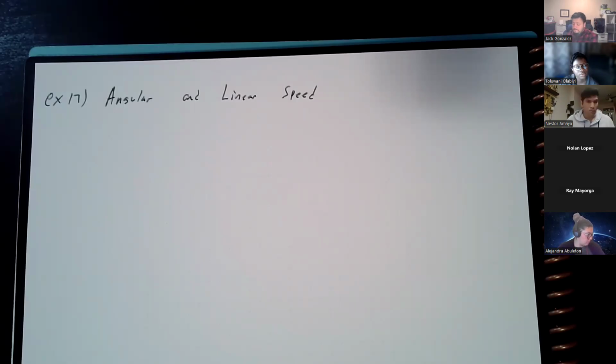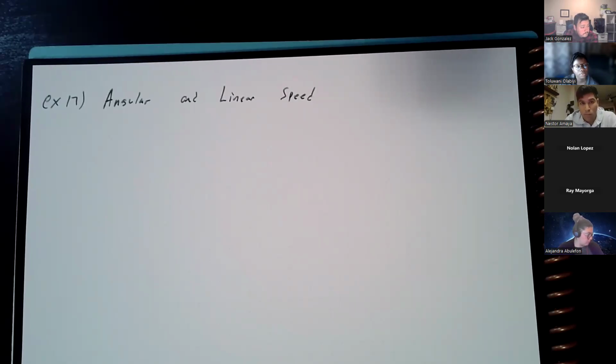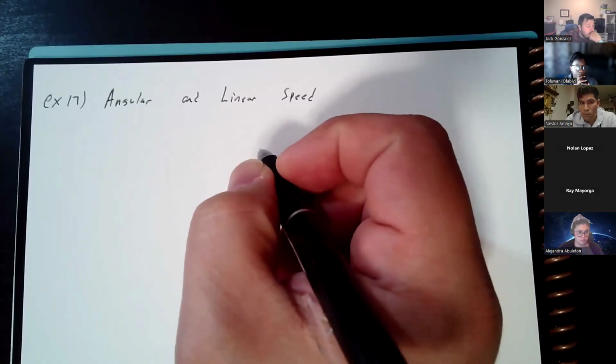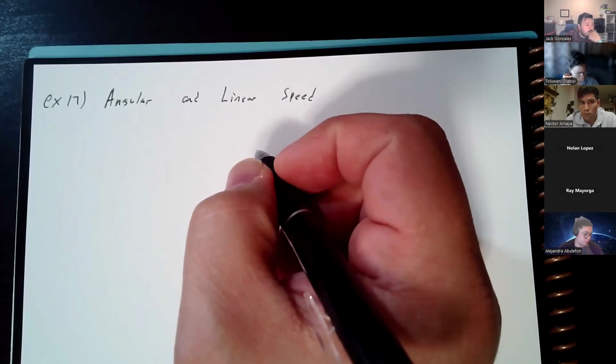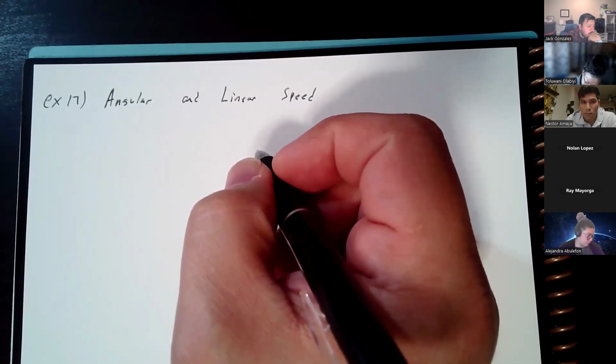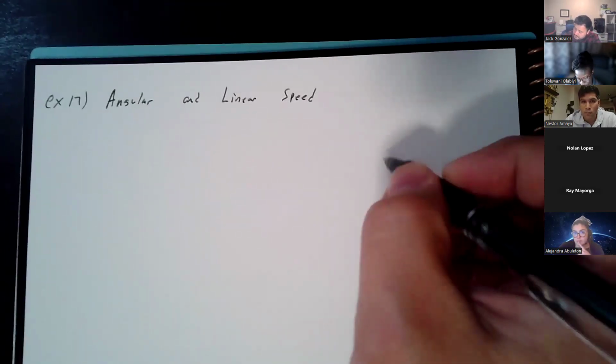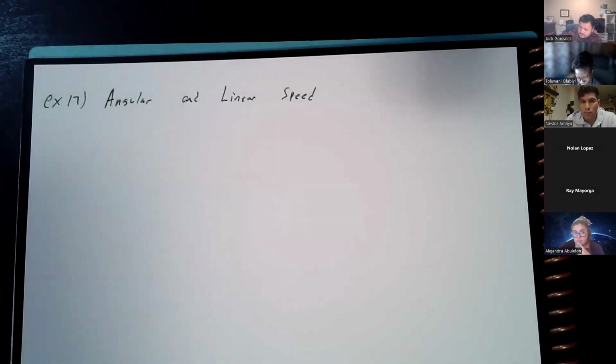I always get these mixed up. Angular and linear are speed on the circle. So linear speed is a point on a circle traveling around the circle.